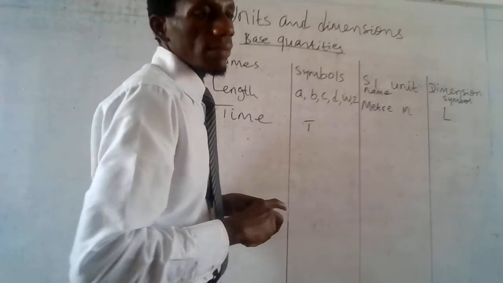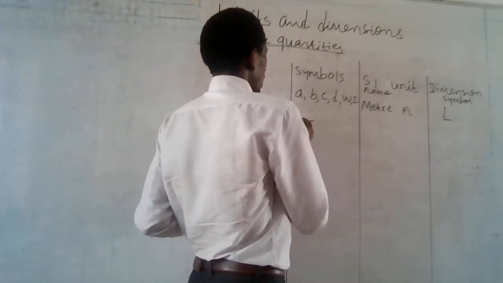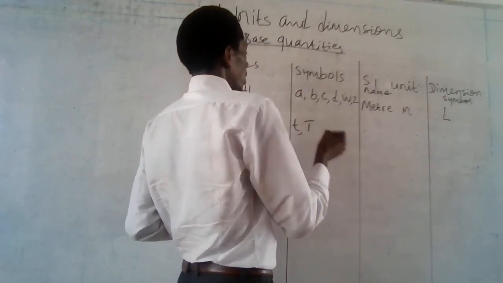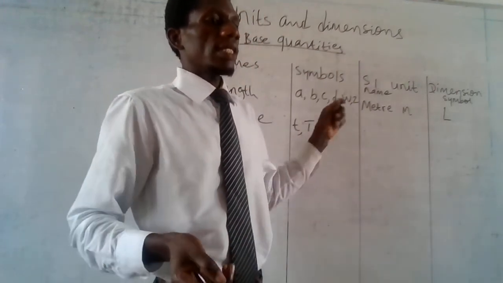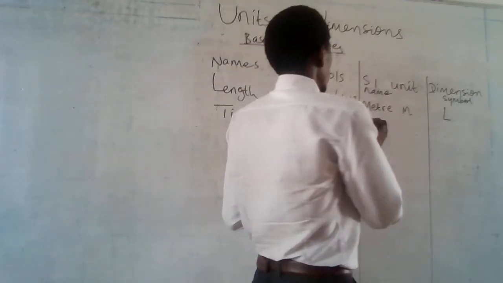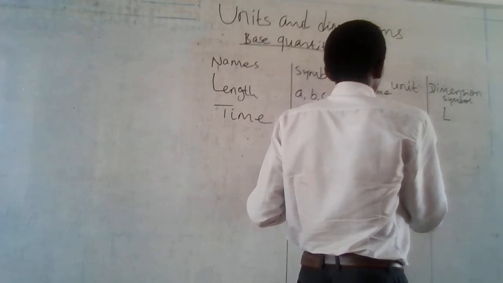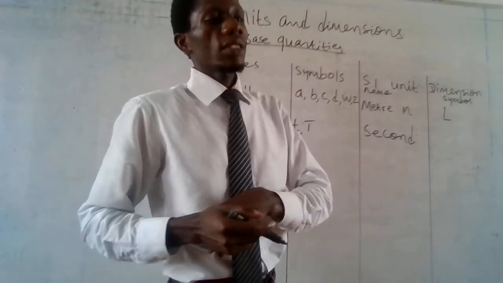Now, the common symbol for time is T. It can be small letter t or capital letter T. So the SI unit name for time is second.